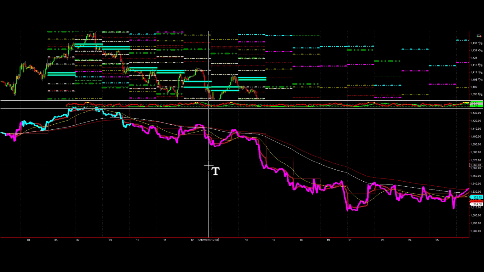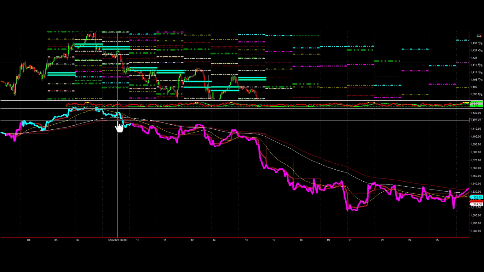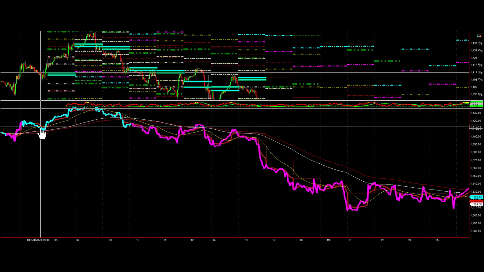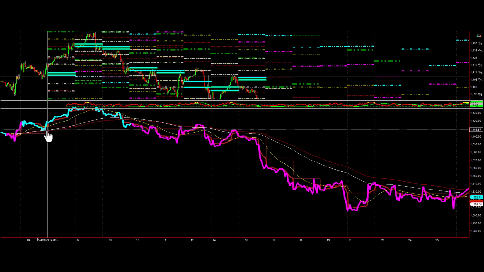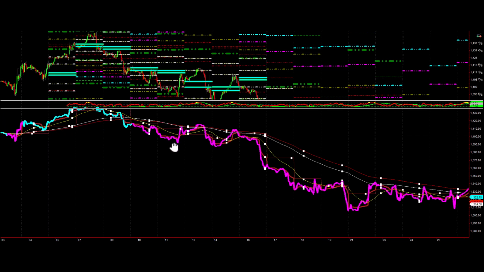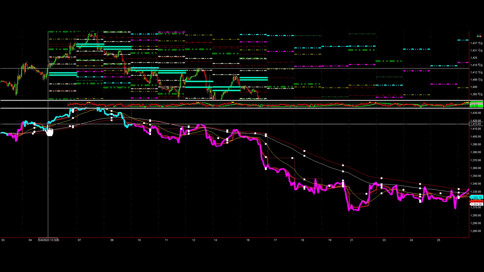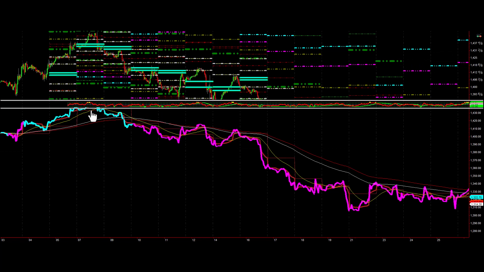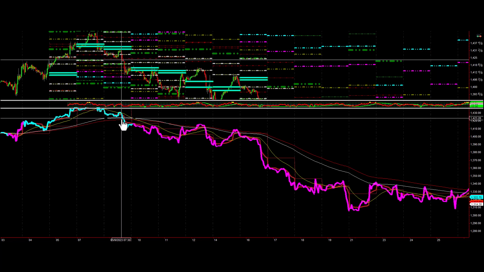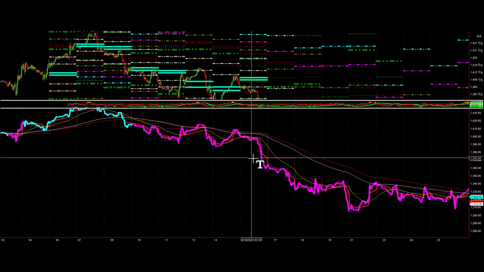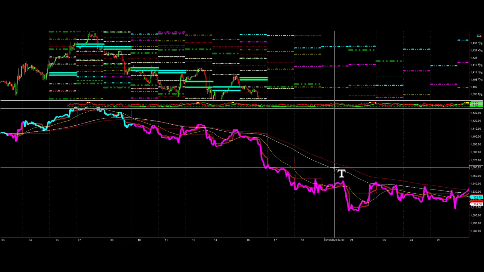So the idea is pretty simple. If the VWAP is below 30, it's an early sign of downtrend. If it just crossed above 30, it's an early sign of uptrend. So here it moved above the yellow, here it moved below the yellow, and here yellow itself moved below the other moving averages.